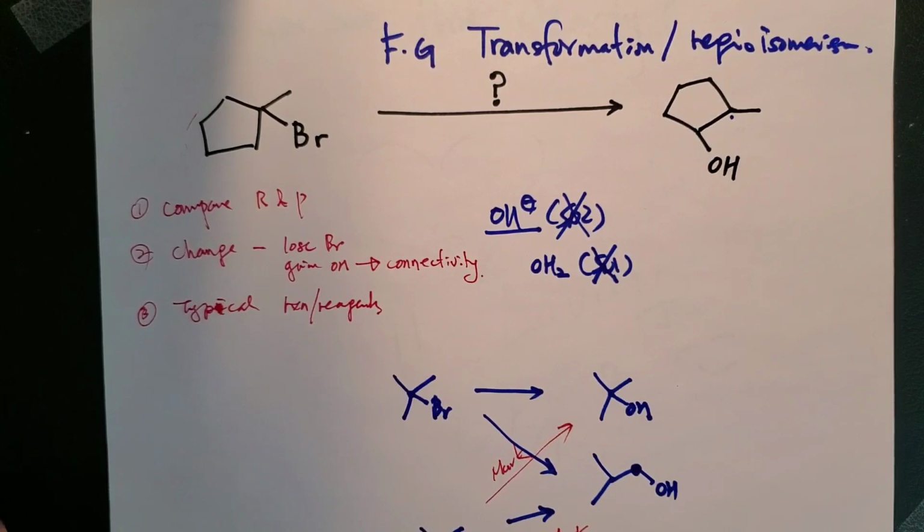So to do anti-Markovnikov addition for OH, there's only one reagent you need to remember, right? In 2 steps. 1, B2H6 with the THF. And the second step, you need OH- with the peroxide.